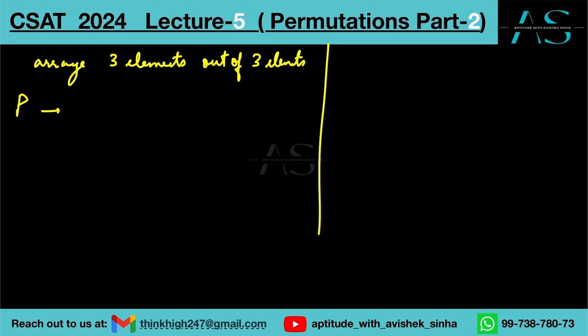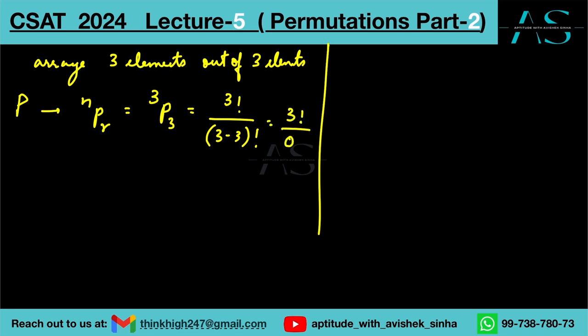When we talk about permutation, the formula is NPR, and that would be simply 3P3, and we know this is 3 factorial upon 3 minus 3, that is 0 factorial, and this is 3 factorial upon 0 factorial. What is the value for 0 factorial? That is 1. So it is basically 3 factorial upon 1, or 6 ways.